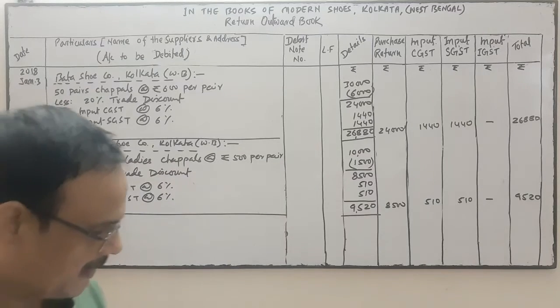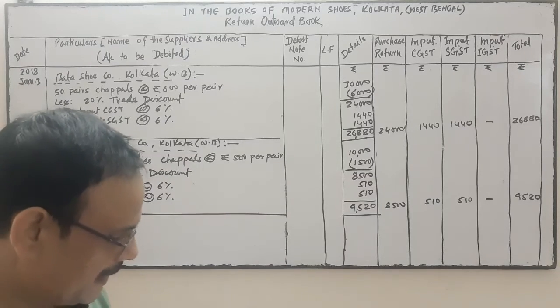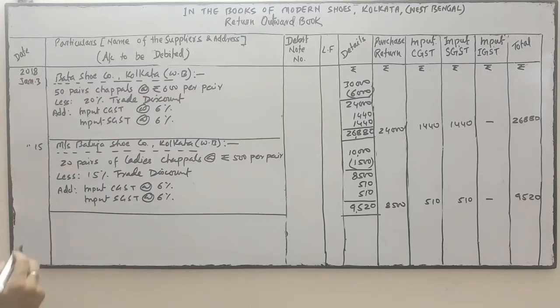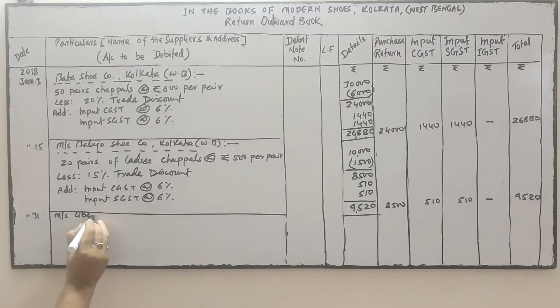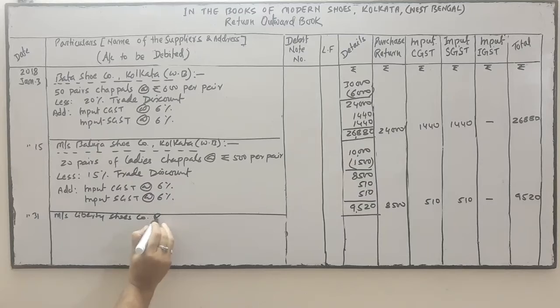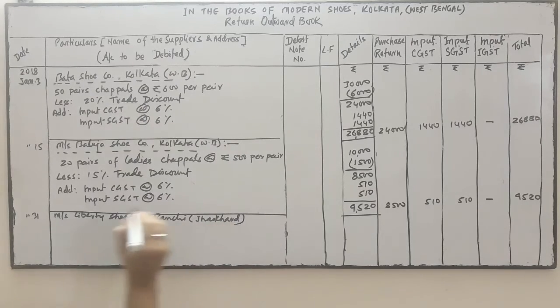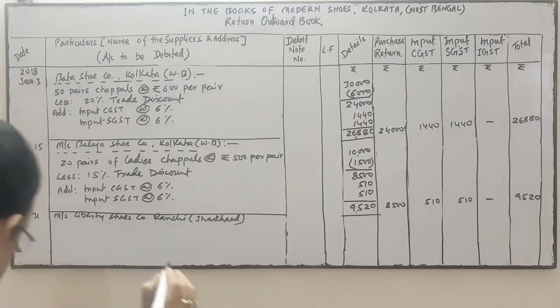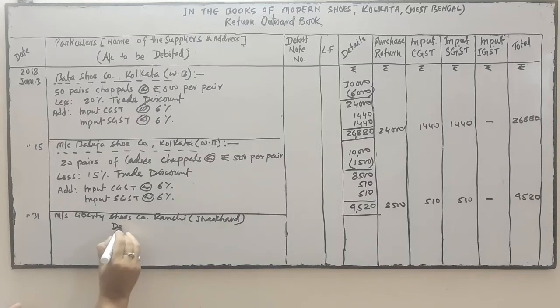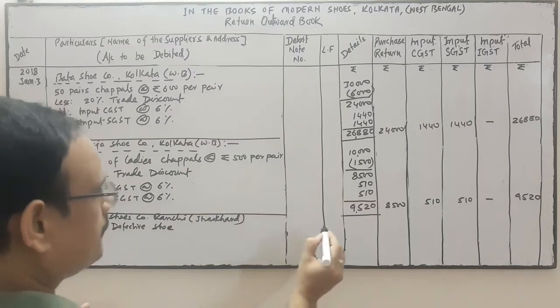Now next is related to purchase return. Return outward: return to Liberty Shoe Company, Ranchi. Date is 31st. Return to Messrs. Liberty Shoes Company, Ranchi. And you know Ranchi is in Jharkhand, the capital city of Jharkhand. They returned defective shoes of rupees 5,000.